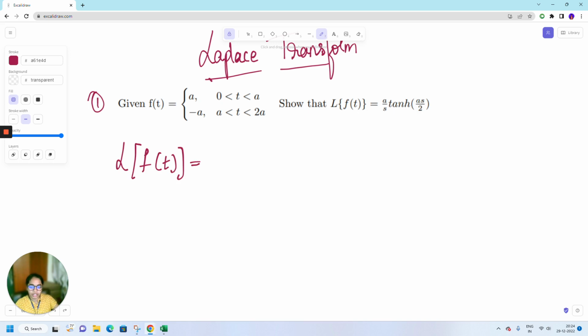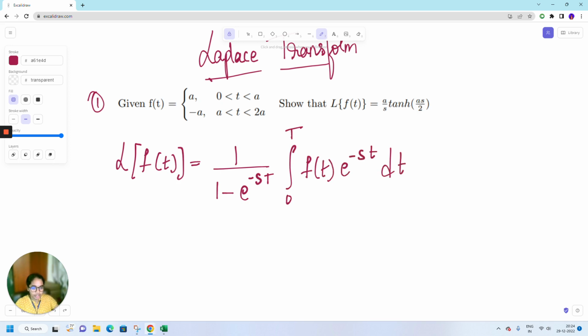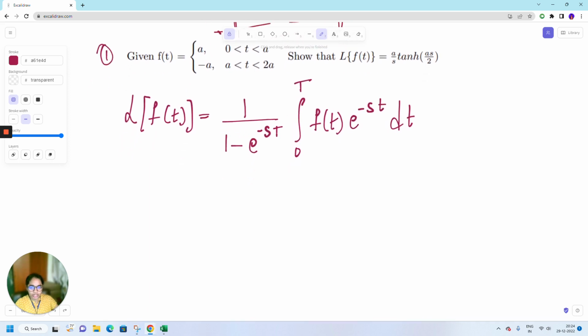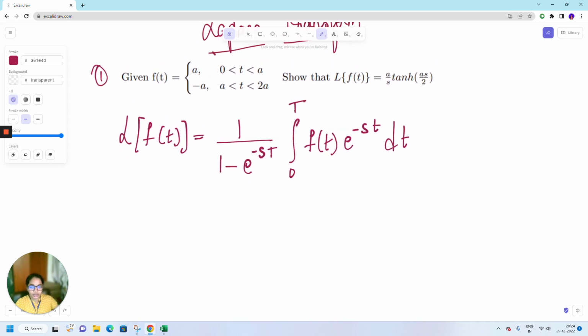What is the formula? That was 1 divided by 1 minus e to the power minus sT, integration from 0 to capital T of f of t e power minus st dt. Correct? So now what is the value of capital T? As you can see, we have the highest limit is 2a, right?